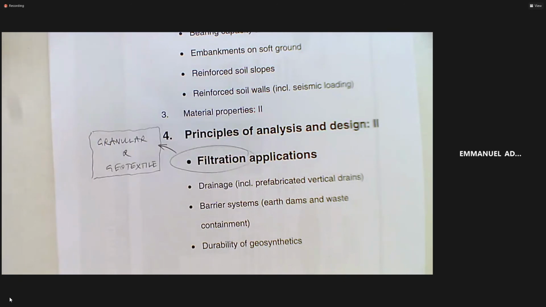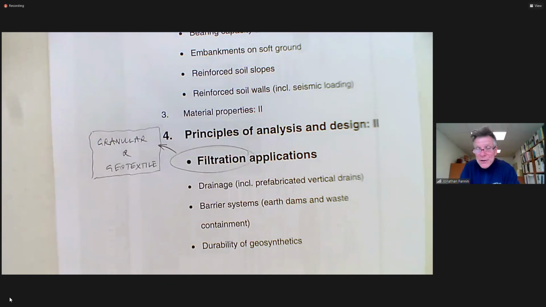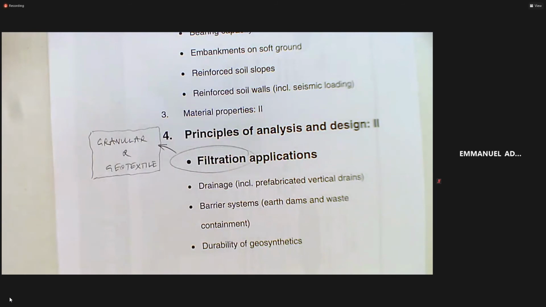Geotextile is a bit expensive, so we don't use it. Depending on where we are in the world and relative cost of materials, sometimes it's not an economic option to select, and I appreciate that. Very good. Thank you for that.